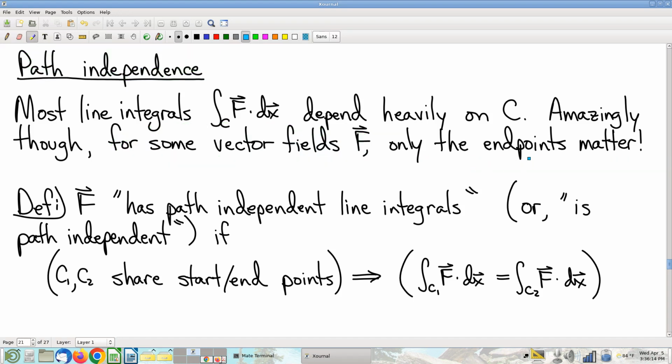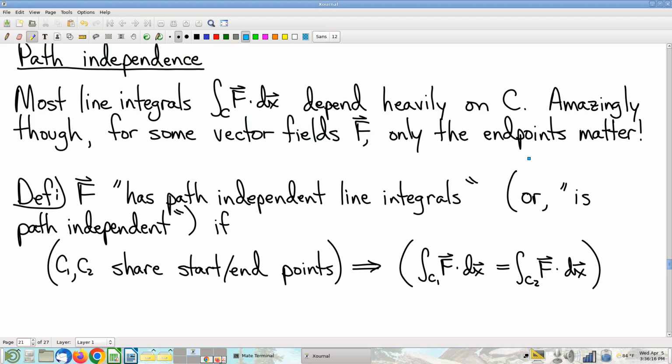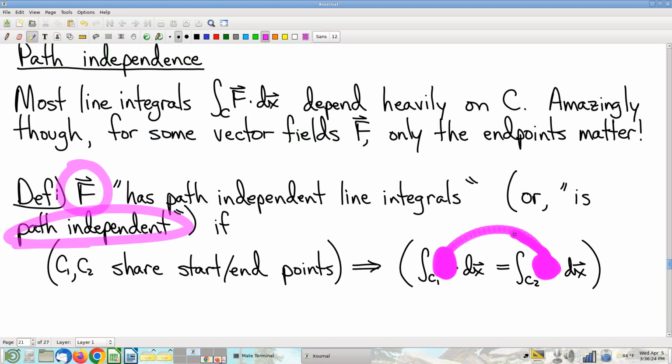Now let me say this precisely, just so we have it down. What we mean by a vector field being path independent is that this vector field is path independent if, whenever you have two curves, C1 and C2, but I need these two curves to have the same boundary points.